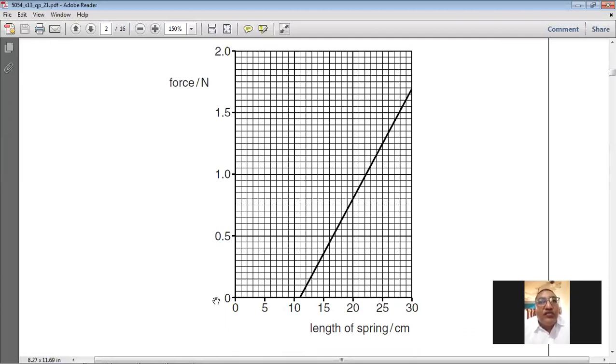When the force is 0, the length is 11. It means that the unstretched length is 11. And you can see this length and force graph is a straight line.